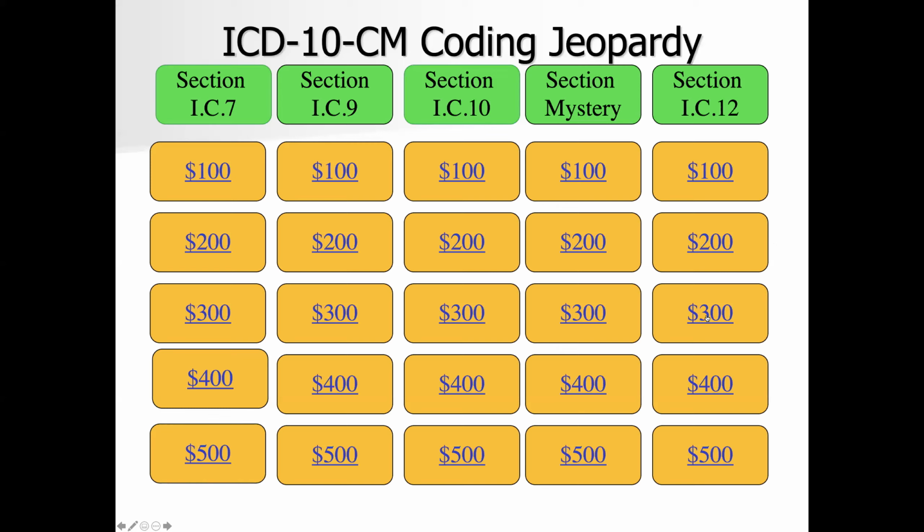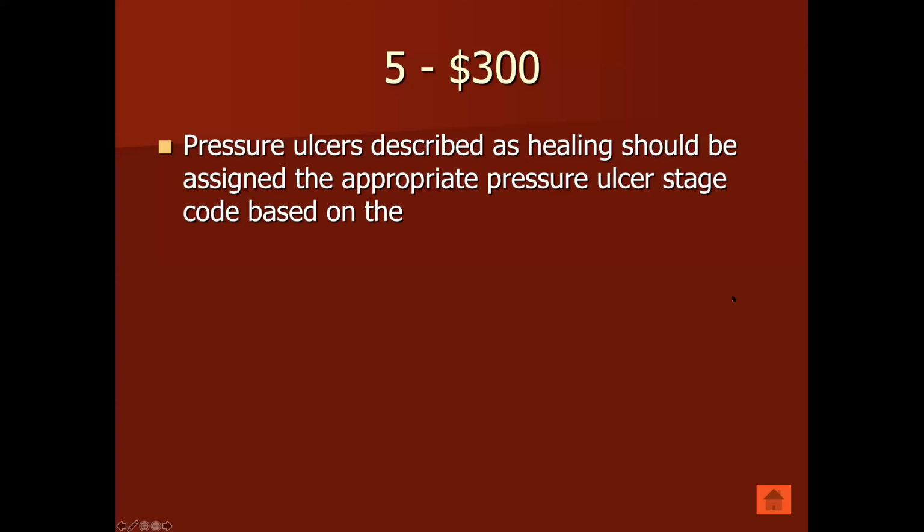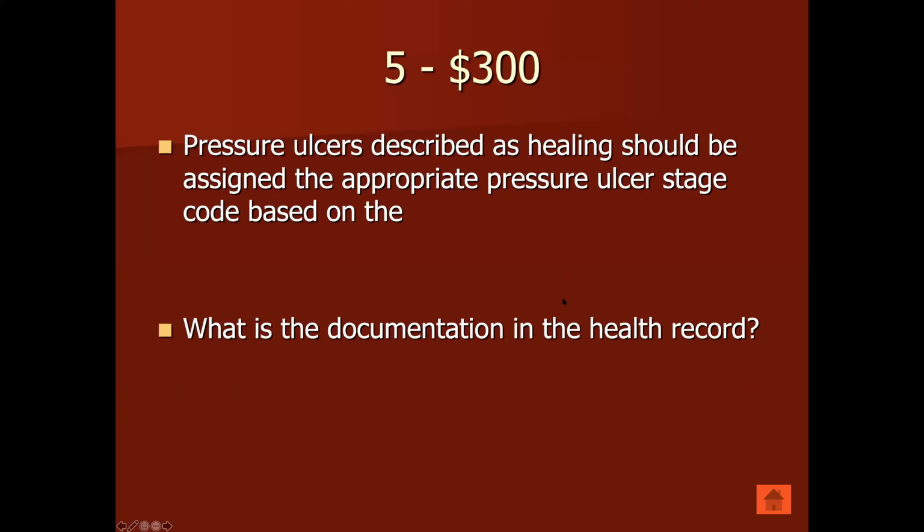The question is, pressure ulcers described as healing should be assigned the appropriate pressure ulcer stage code based on. What is the documentation in the medical record? And that is correct. All right, 300 points for Markeisha.